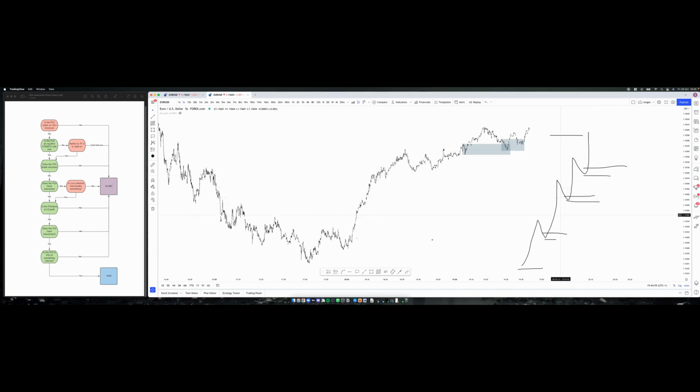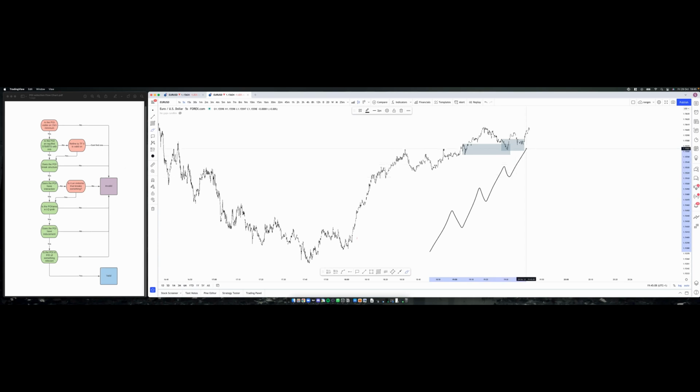But then likely what you're going to get is this, right? Then this range fails, so now these are just going to be reaction points for pullbacks to continuations until the higher time frame objective is met, whatever that is.